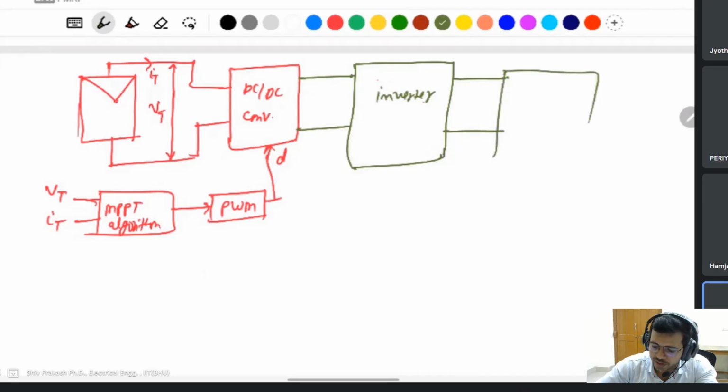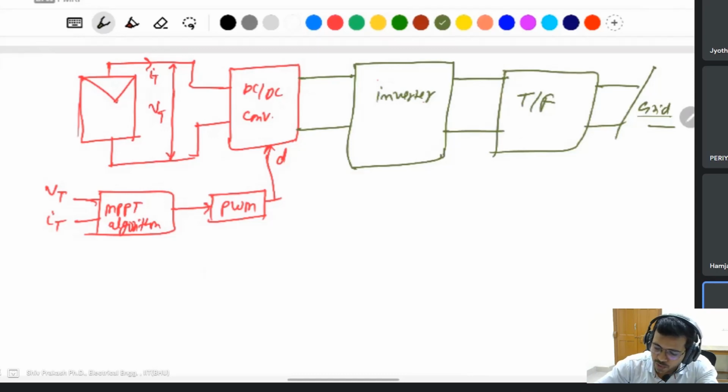Sometimes you also use a transformer. After that, you can connect to the grid. This will be the grid-connected system.